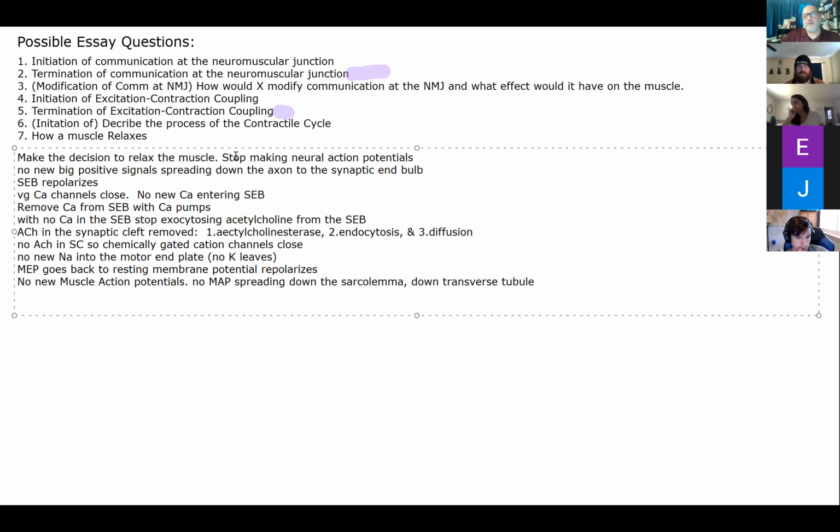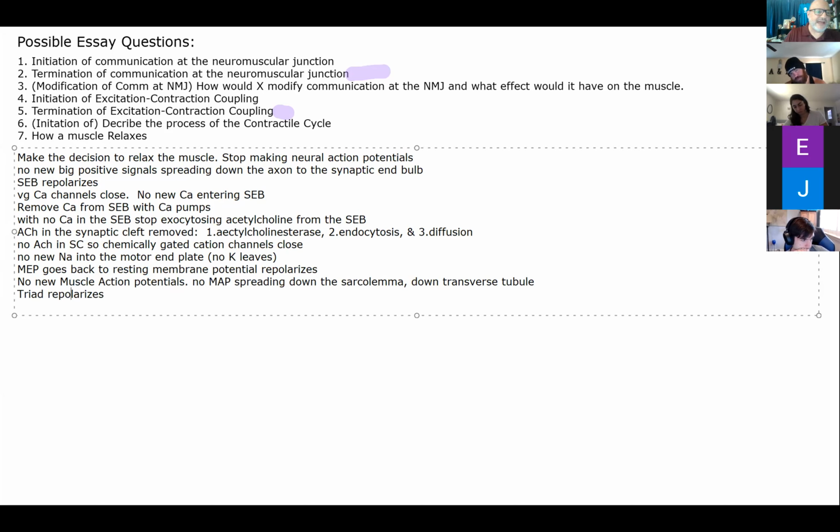Excellent. What's the effect of no muscle action potential down the transverse tubule? The triad gets repolarized. And why is that significant?